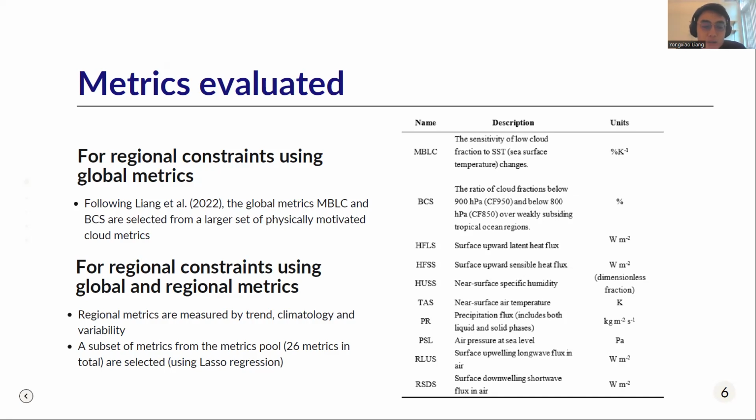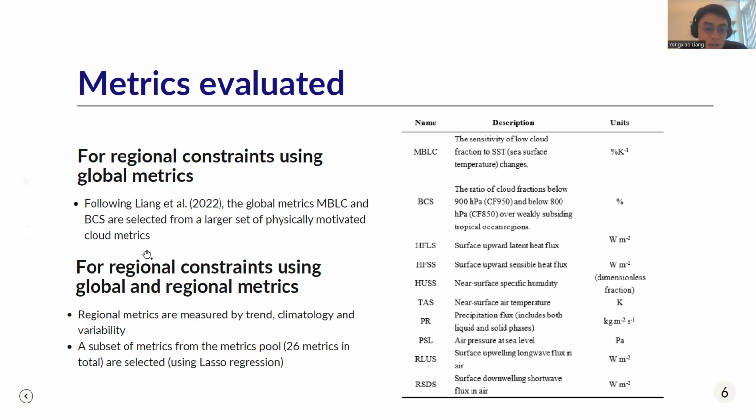This is something previous studies usually do, like applying the regional metric to constrain the regional warming in the future. So we expect involving those metrics can still get a more robust emergent relationship compared with applying the global metric alone.